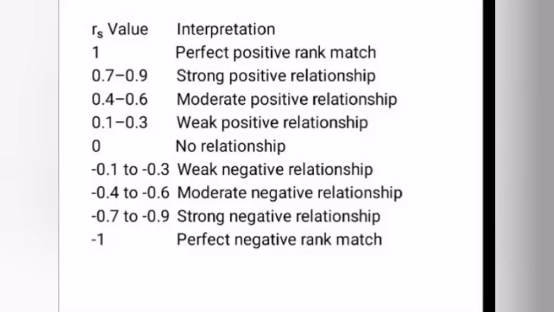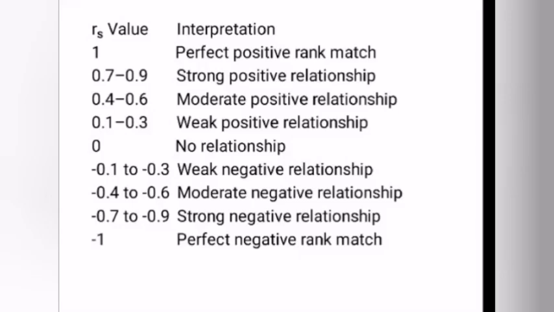If your answer is at 0, that's no correlation. If your answer is at -0.1 to -0.3, that's a weak negative relationship. If your answer is at -0.4 to -0.6, that's a moderate negative relationship.